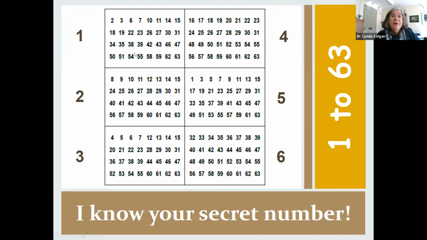Okay, so I'm just reminding myself because I've forgotten. If the number is 44, it's on card number 2, on card number 3, and on card number 6.